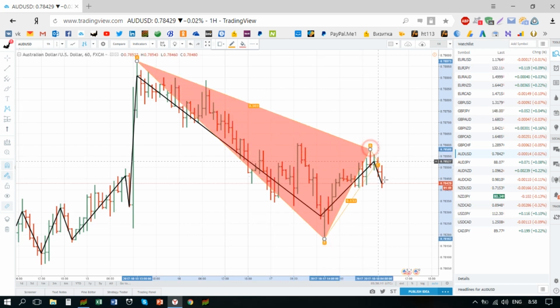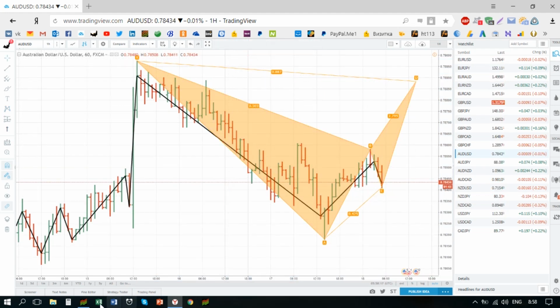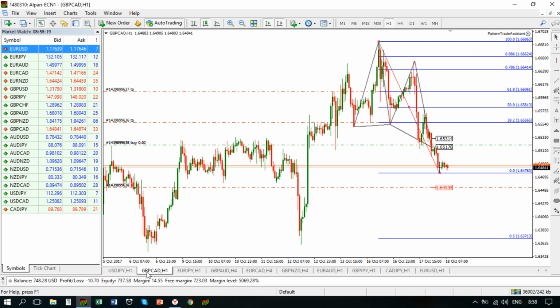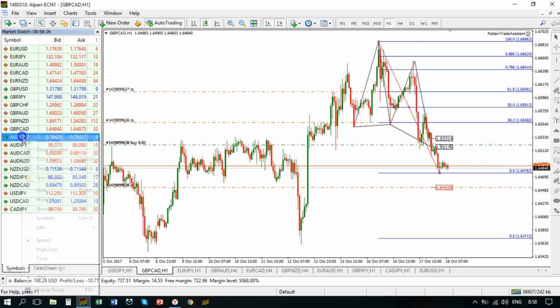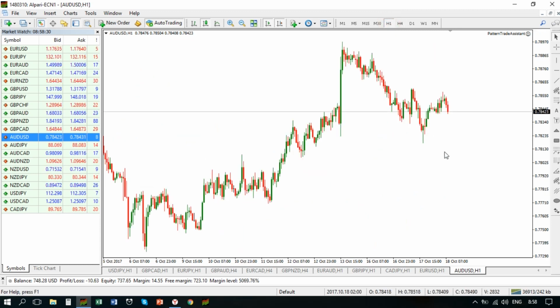Aussie dollar 503, perfect. And all my bets are yellow. Let's go to find Aussie dollar. No, I don't have it. Aussie dollar here. Open the chart, 1 hour time frame, and look this way.